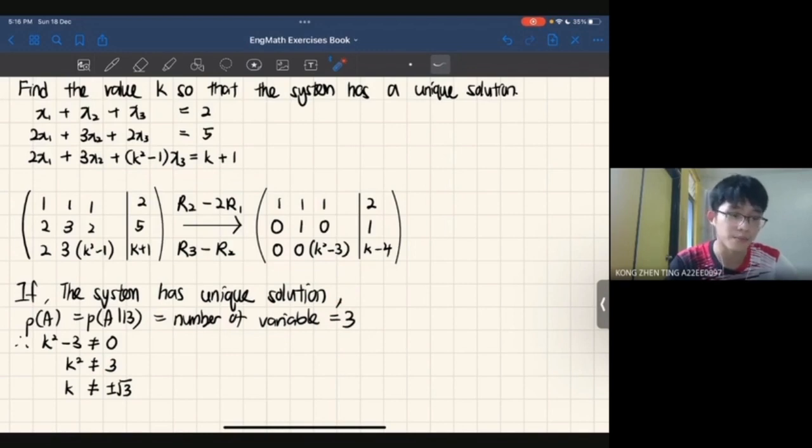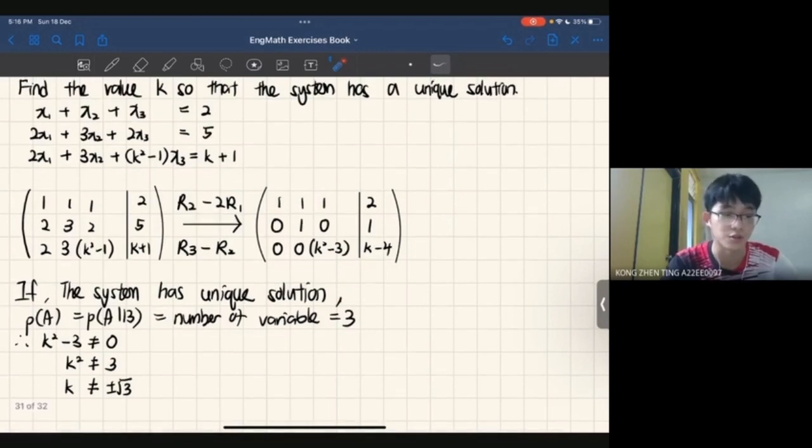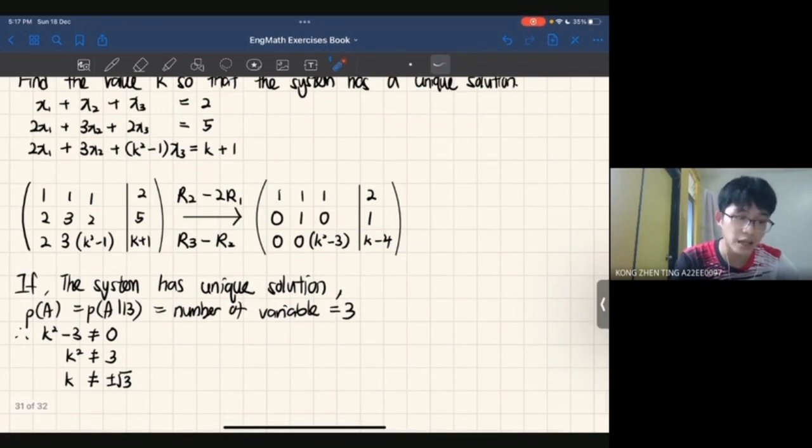So to make sure it's a unique solution, we know that this part cannot be 0, to make sure we have a non-zero row inside our matrix. So k squared minus 3 will not become 0. So k squared won't become 3. So the final answer is k not equal to plus minus square root of 3.